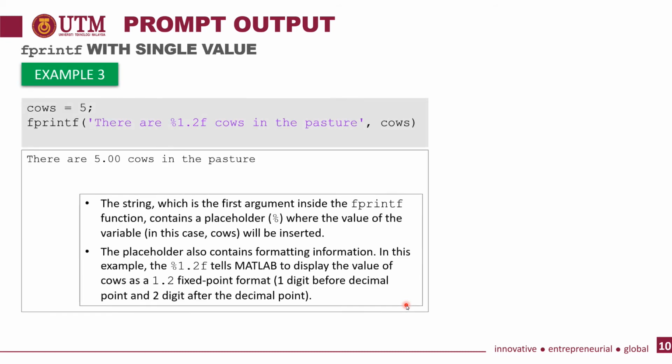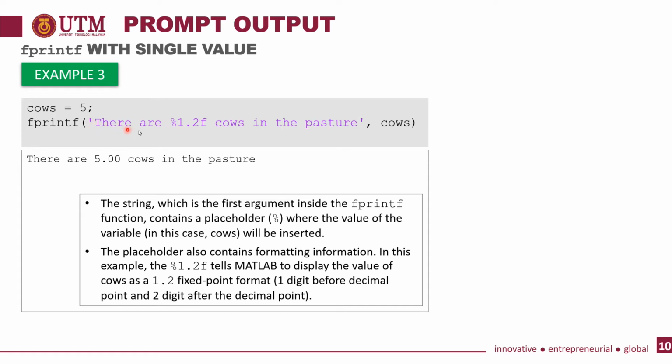All right. Okay, so let's take a look at some examples of fprintf with a single value. This is example number 3. First, in this example, we are initializing the variable cows, which stores the value of 5. And then we are using fprintf, and then the bracket, and then we need to have an apostrophe here.